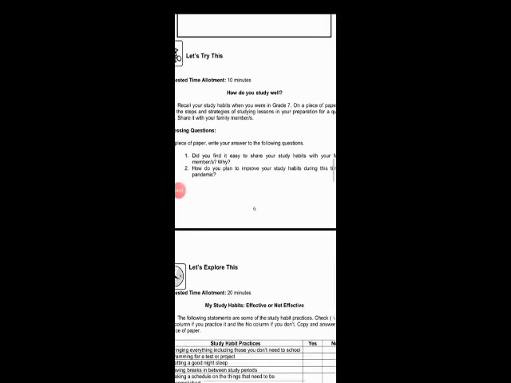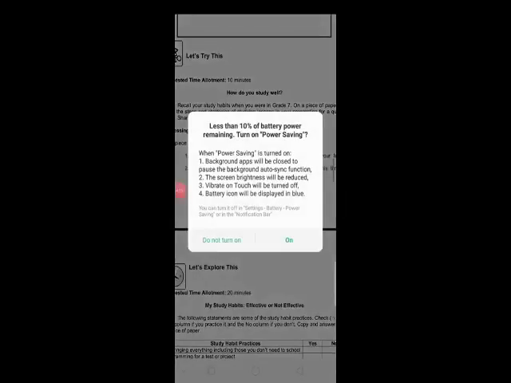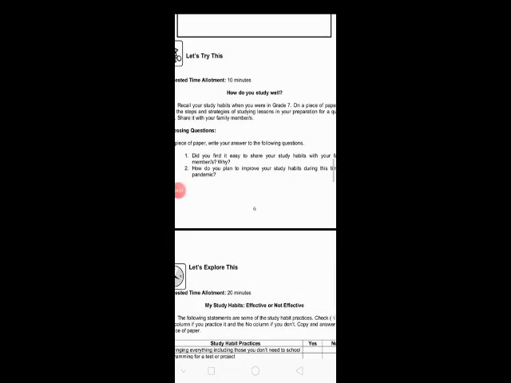Second, how do you plan to improve your study habits during this time of pandemic? Question number 2 is all about planning on how to learn effectively in these times of pandemic, wherein we are facing modular distance learning.